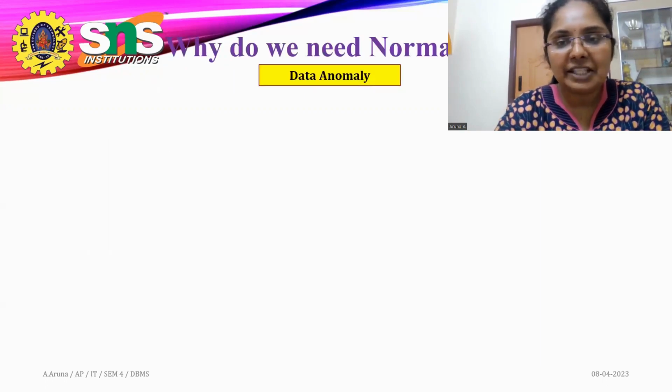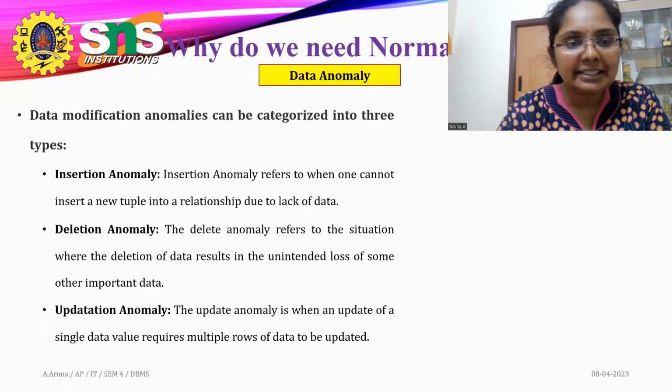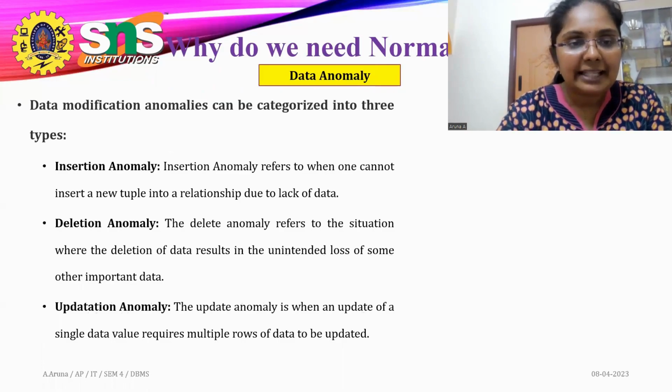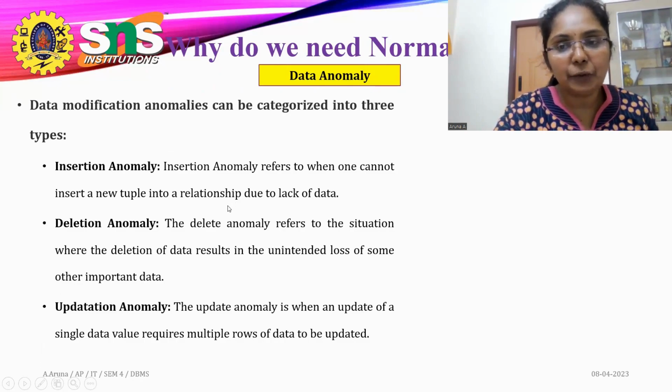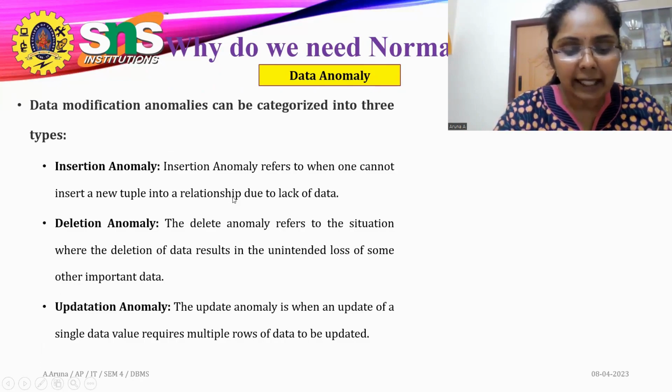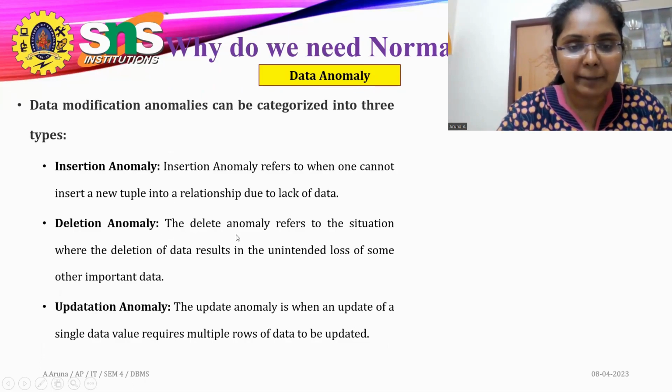First we're going to see them one by one. One is the insert anomaly. Insert anomaly refers to when one cannot insert a new tuple in the relation due to lack of data. Delete anomaly refers to the situation where the deletion of data results in the unintended loss of other important data.